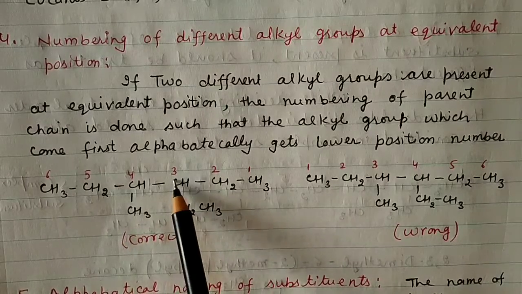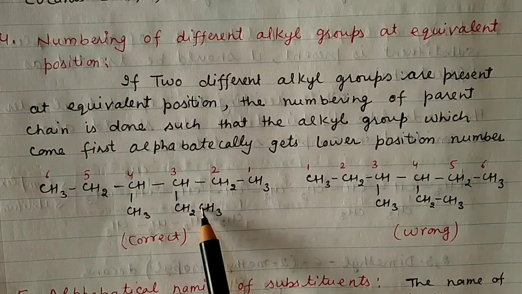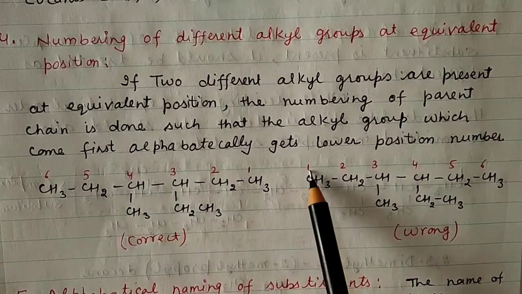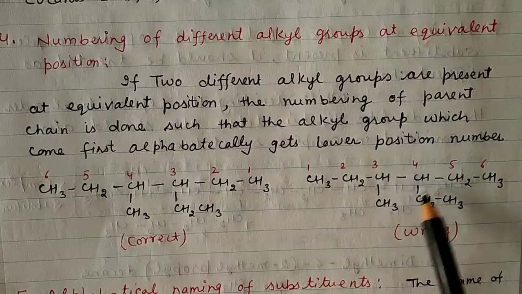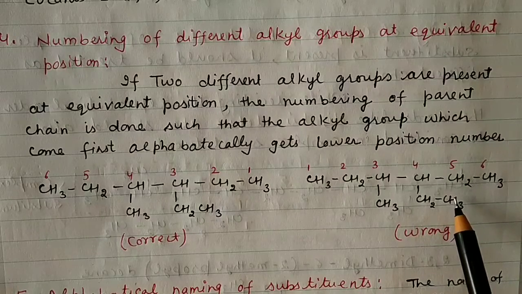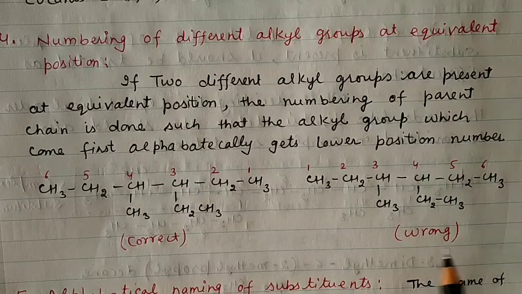Ethyl group is getting position 3, methyl group is getting position 4, and we know that ethyl comes first, right? So this is the correct way. But if we start numbering from here, we will get the methyl at the 3rd carbon and ethyl at the 4th carbon. So ethyl must get top priority. That's why this will be the wrong numbering pattern, and this is the right numbering pattern.